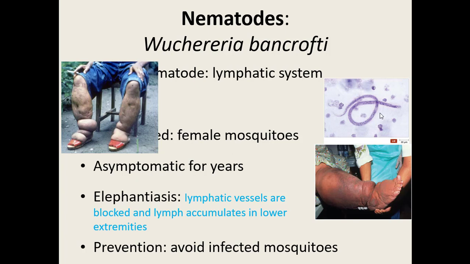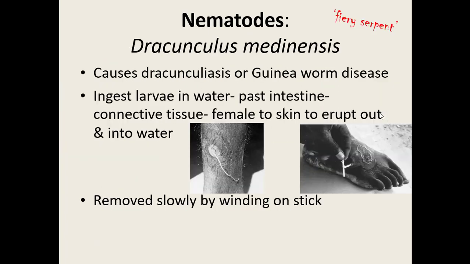Now, I wanted to talk about one particular nematode that's not discussed a lot because it's not a really common nematode, but there's a reason why I want to talk about it. It's called Dracunculus medinensis. It causes a condition known as dracunculiasis, or guinea worm disease.